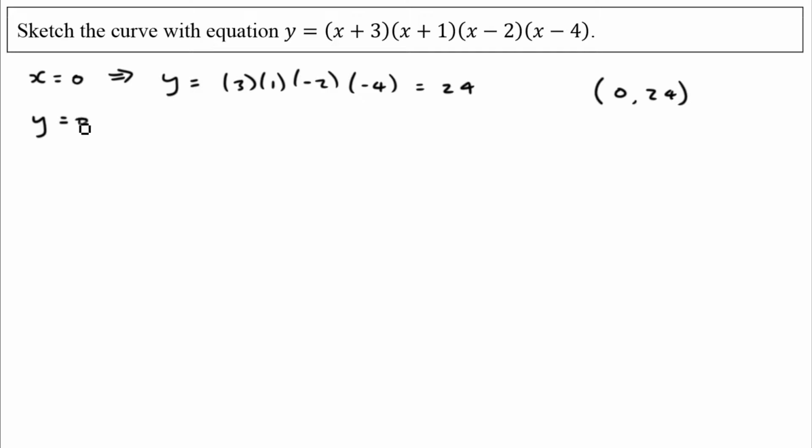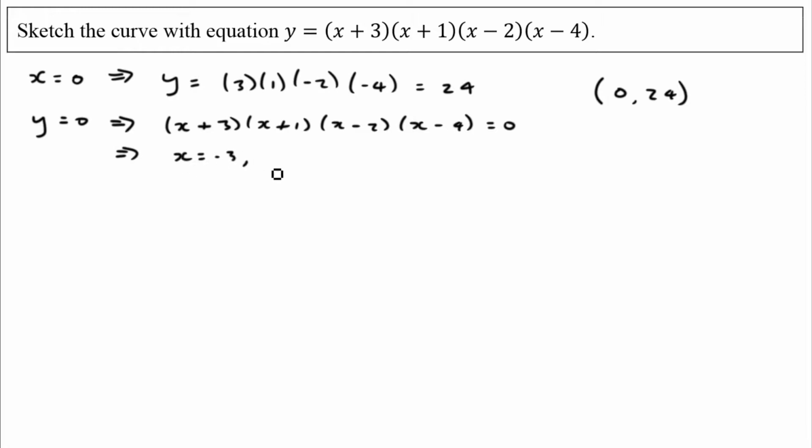When y is 0, so we're finding the intersects with the x-axis, that means that x plus 3 times x plus 1 times x minus 2 times x minus 4 is 0, which means that either x is negative 3 or negative 1 or 2 or 4.